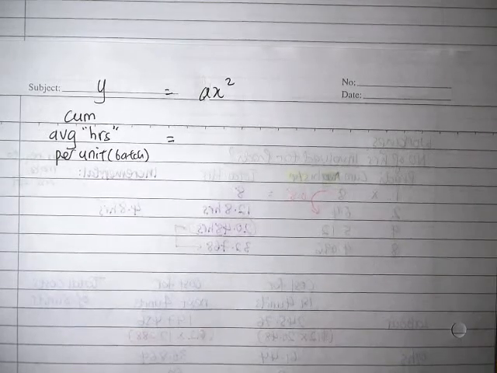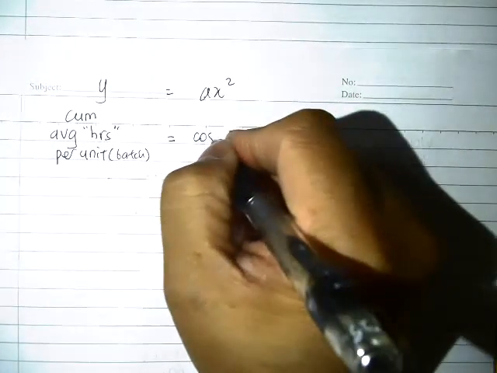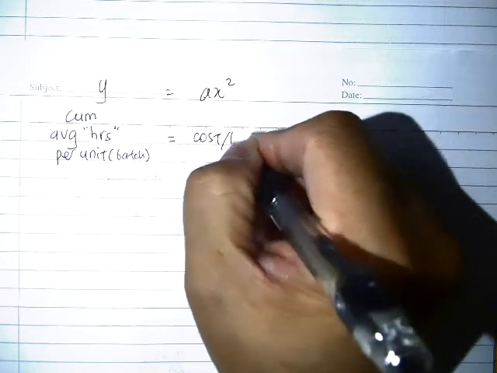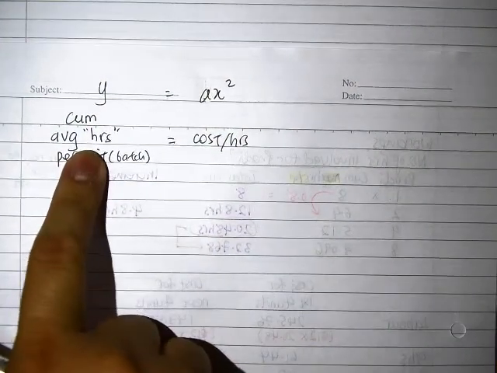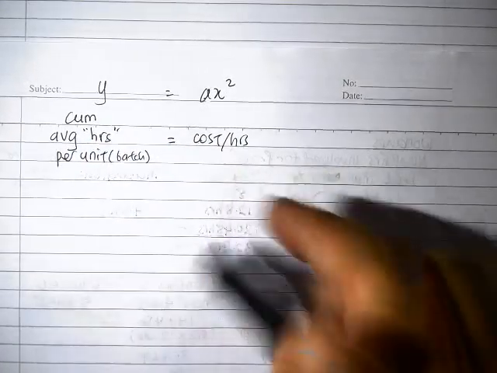Okay, so what is this? This is the cost or the hour, depending on whether you apply cost here, then you must use cost here. If you apply hours here, you use hours here.